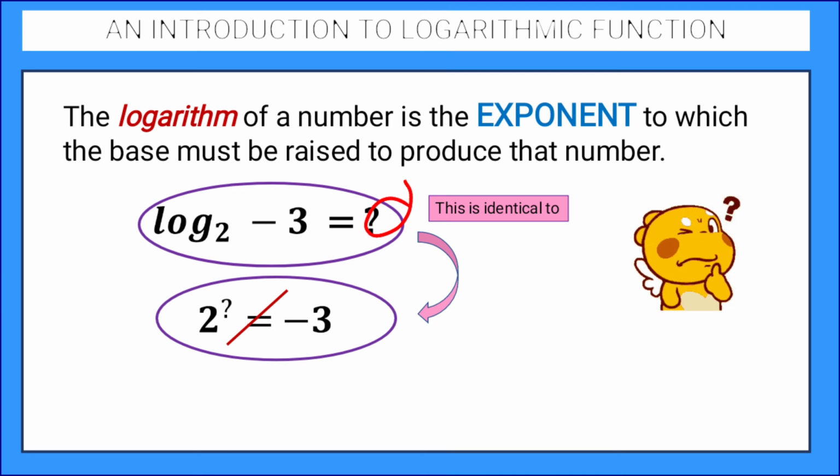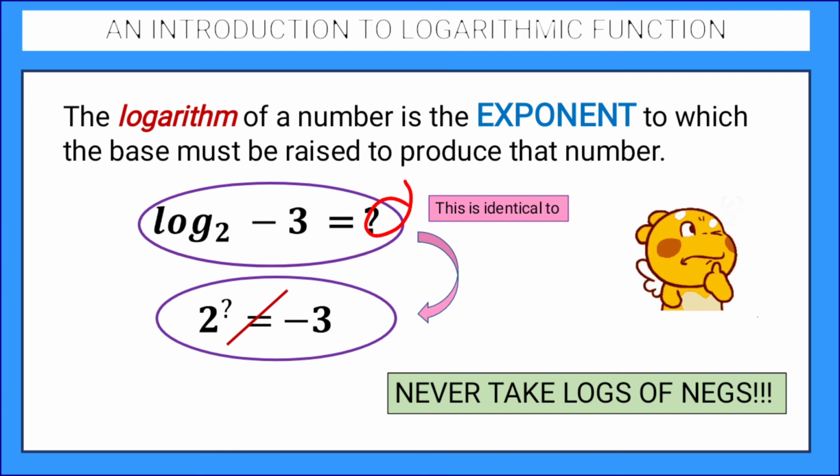Okay, any number you raise to an exponent should give you a positive value. It should always be positive, because there's no way to raise to any power and get a negative number. Okay, so never ever take logs of negatives. So it means that we don't have any answer for this.